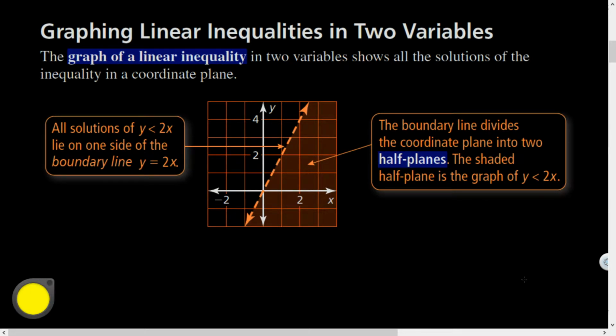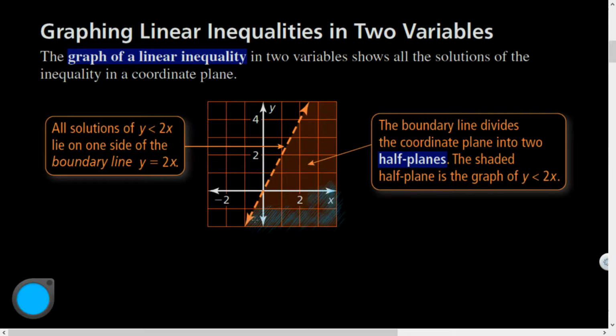All right? What you see here is a graph of the inequality y is less than 2x. This dotted line is the line y equals 2x. But notice what they're describing as the solutions here. Check this out. I love this. This is so classy. Look at this.